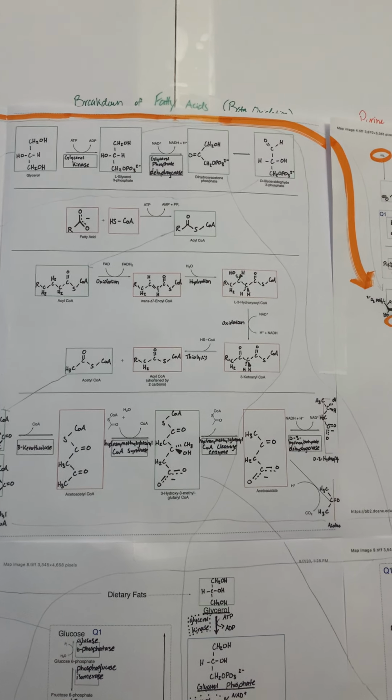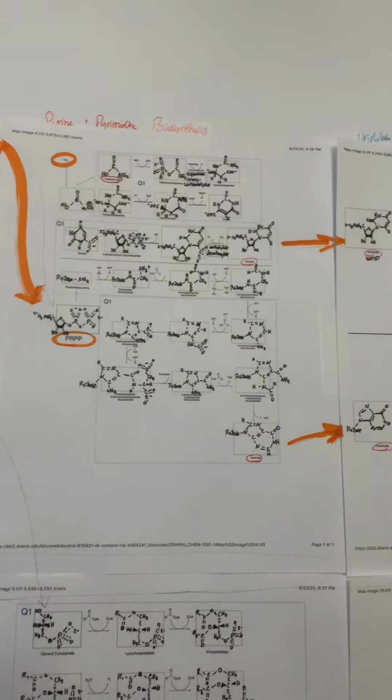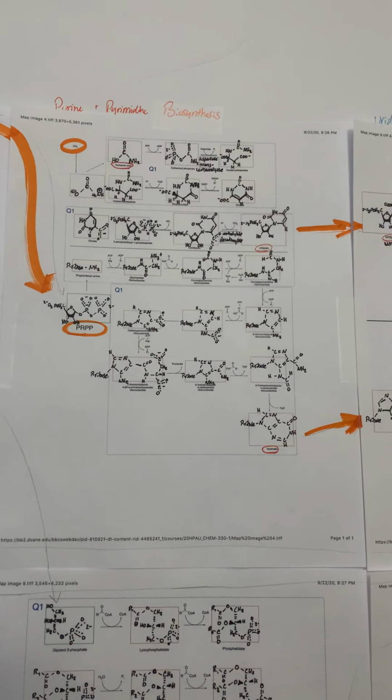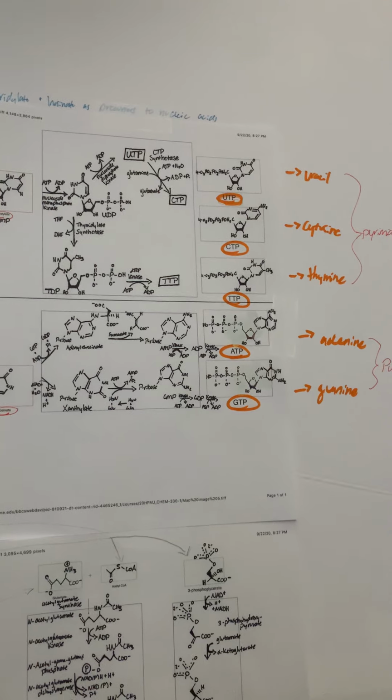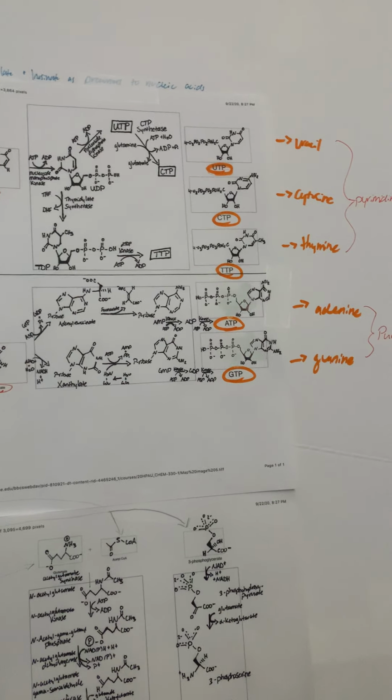Then we have fatty acid beta oxidation, responsible for fatty acid breakdown into acetyl-CoA, which is then used in the citric acid cycle. Next up is purine and pyrimidine synthesis. And then finally on our row we have uridylate and inosinate acting as precursors to nucleic acid formation.